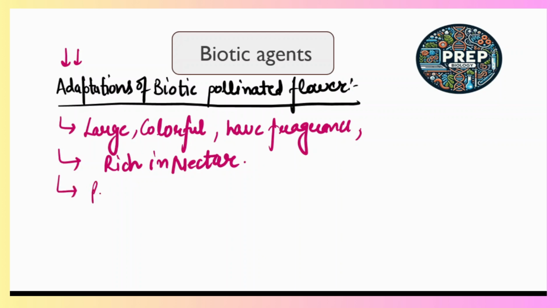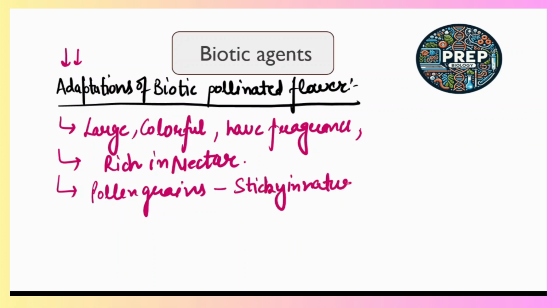The pollen grains should be sticky in nature, so that the different moths, butterflies stick on the surface of the pollens. Now, the pollen grains are produced in a large number.